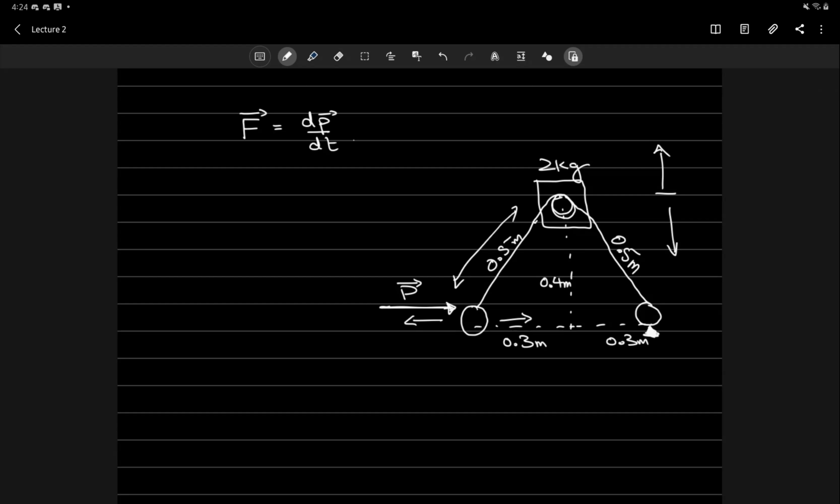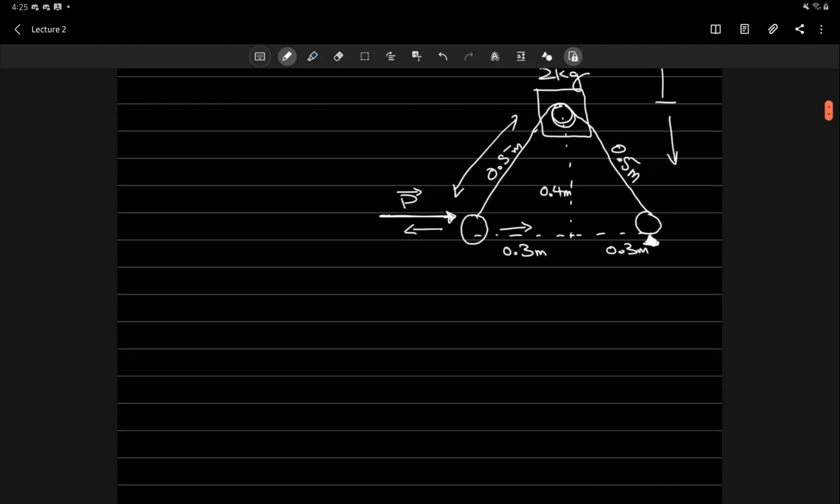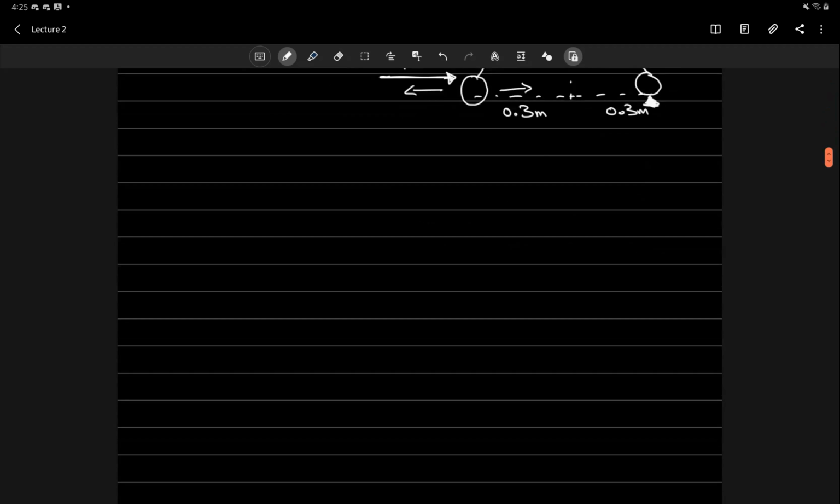Okay, so now let's try to draw a free body diagram of the situation. Let me just quickly do it over here. So let's say this is our weight, and these are two rods.